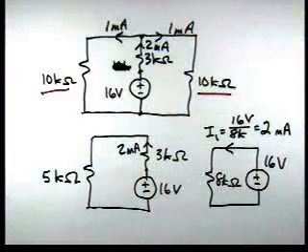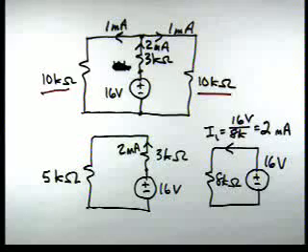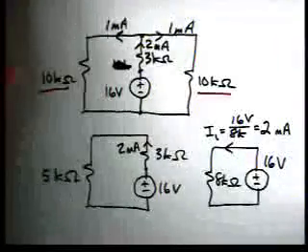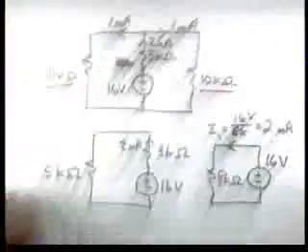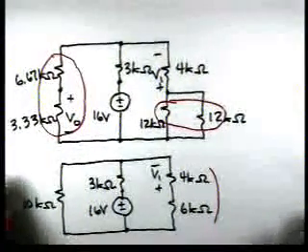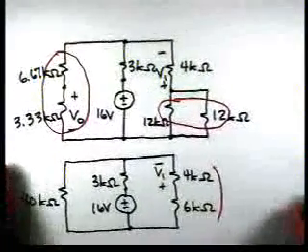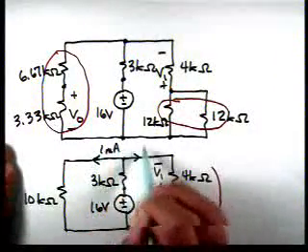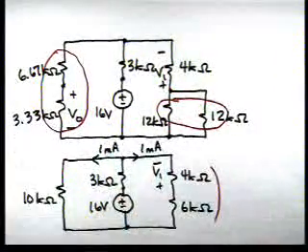So the 2 milliamp splits into the two 1 milliamp currents. Now let's back up a circuit. Let's go back to this circuit. So now we have 1 milliamp, 1 milliamp.